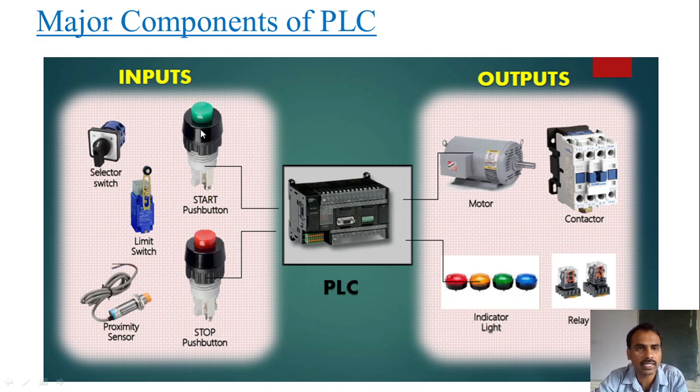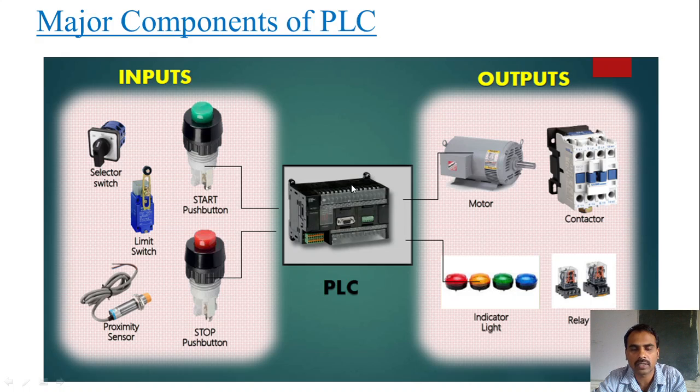So here you can see how a PLC is interconnected with the input output devices. These are the input devices. It may be a stop button or a start button, from which the PLC will receive an input through the input modules, and execute based on the program instructions.